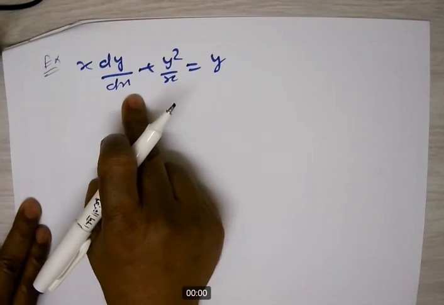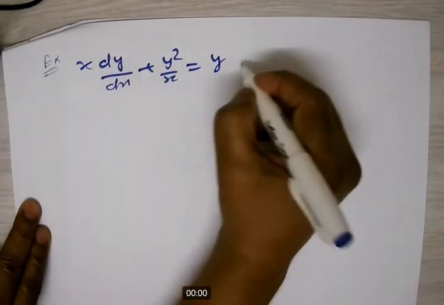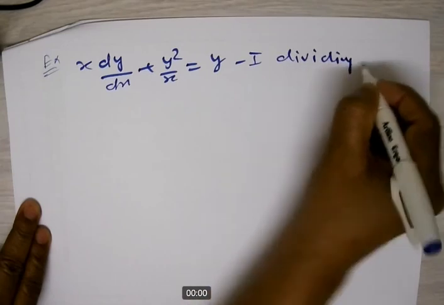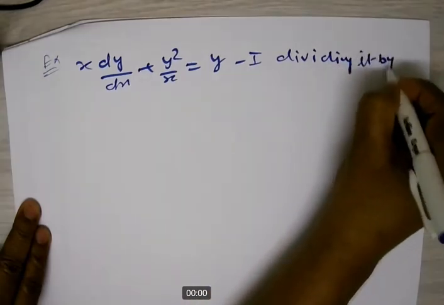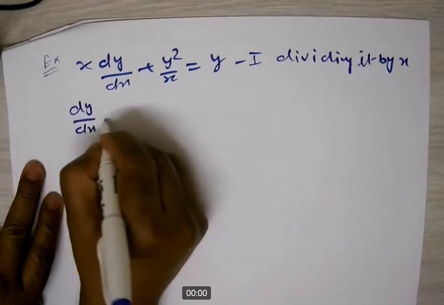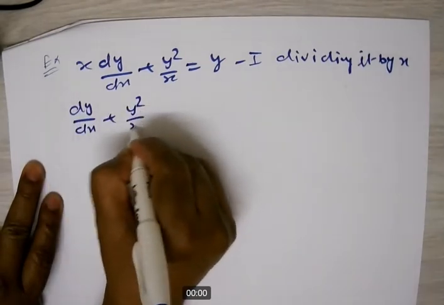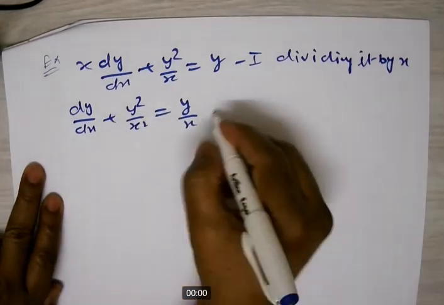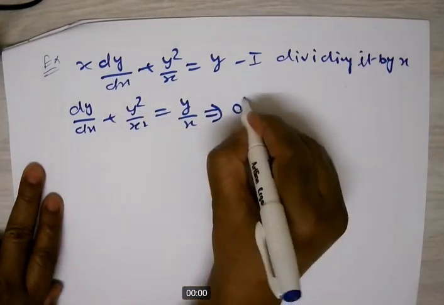Dividing it by x, what do I get? dy dx plus y square divided by x square is equal to y by x. Now simplify this one.